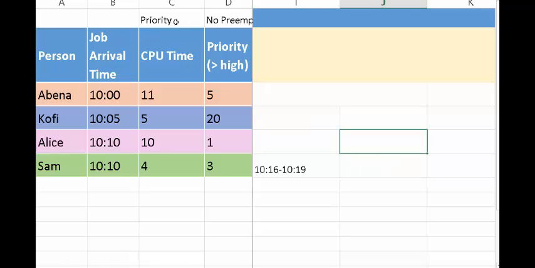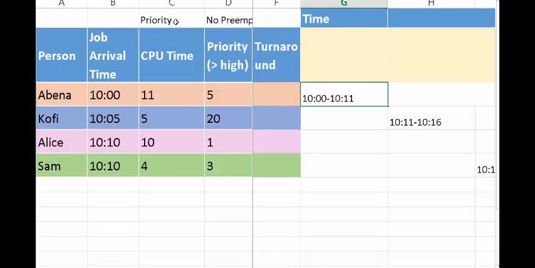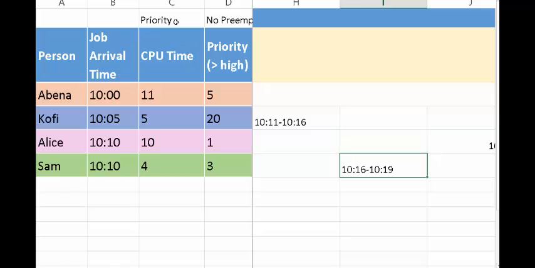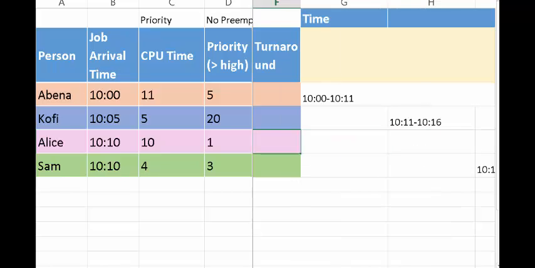And then finally, I think there's something wrong with the times. 10:10 to 10:11, 10:11 to 10:16, 10:16 to 10:20, and then 10:20 to 10:30. So that's what priority with no preemption would look like.